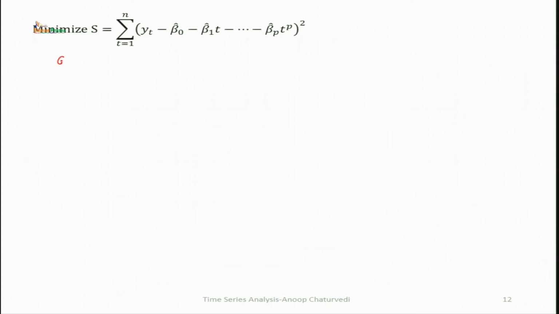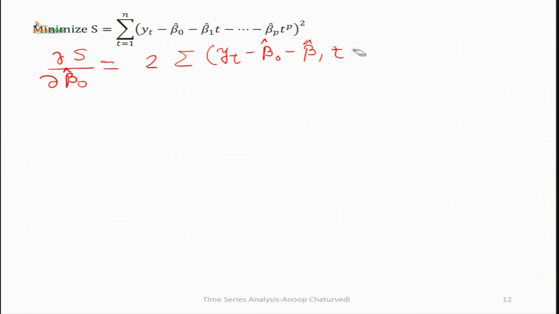Okay, so, in the method of least squares, we have to minimize this S, and for minimizing S, we just differentiate it with respect to beta naught hat, which is equal to, again you have a quadratic expression here. So, you get 2 times summation, and then we differentiate inside with respect to beta naught hat.